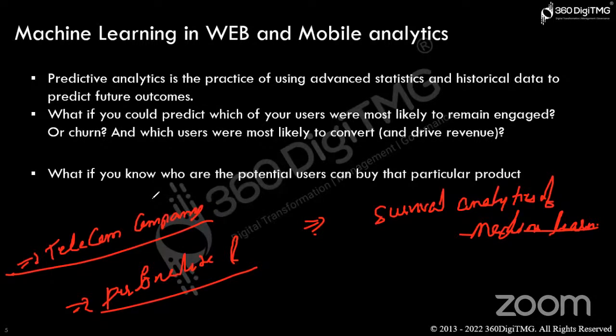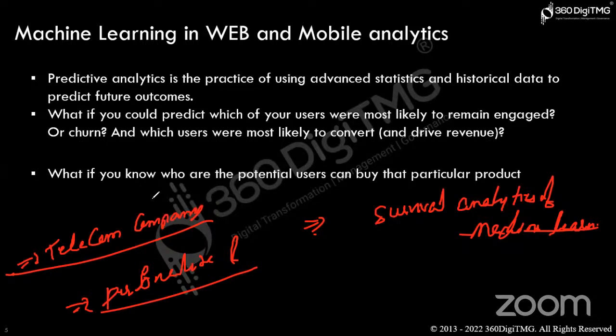If you know that, what will you do? You will keep sending messages or keep popping up whenever he is doing the browsing. Whatever the search that he's done, you'll keep him engaged with that particular product, so that he can buy it.